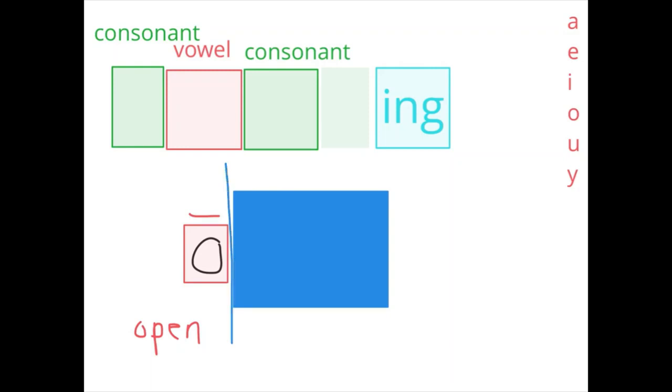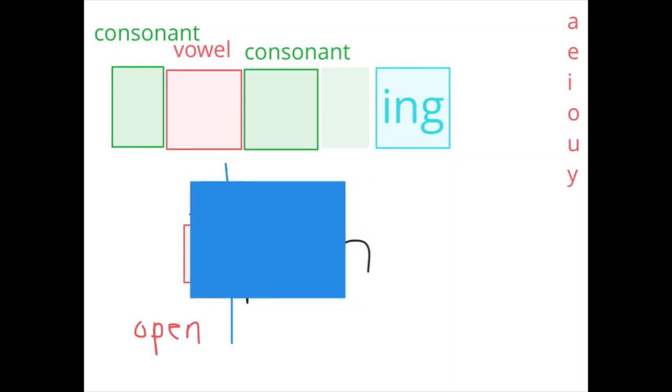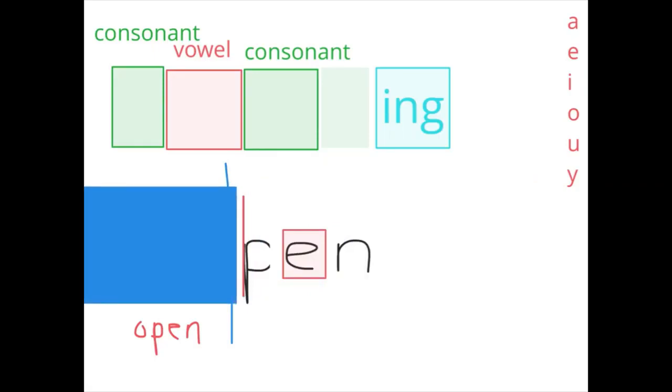But now we need to look at the last syllable. So we're going to cover this one up for a minute. And we're going to look at our last syllable. We need to look at the vowel, and we need to look at the final box. Okay, so we check those out, and we say, all right, just one letter, check.